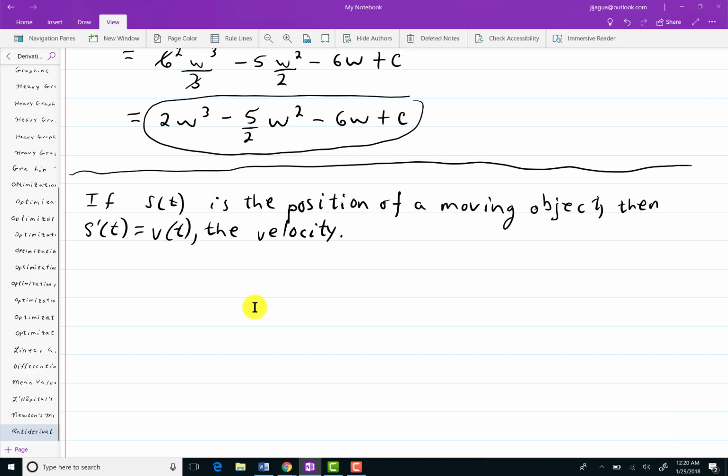If s of t is the position of a moving object, then s prime of t is the velocity. So we usually say s prime of t equals v of t. Similarly, v prime of t equals a of t, and a is the acceleration of the object.